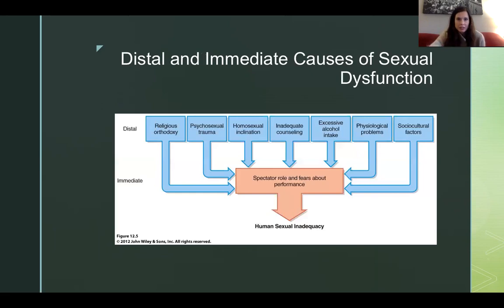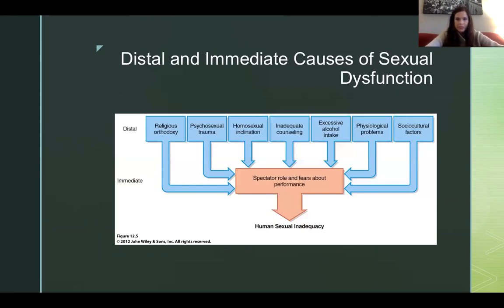And so this is another kind of model that I found from a Wiley and Sons book. It just shows how the distal causes of sexual dysfunction can contribute to an immediate issue.